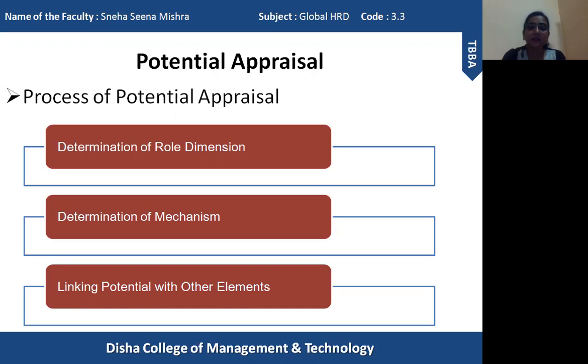So here in determination of role dimension, all the qualities necessary for performing the job efficiently, first of all, need to be properly evaluated. They need to find out what kind of qualities are required to do a particular kind of job, what type of attitude, personalities, behavior, each and every element of a personality needs to be properly determined.